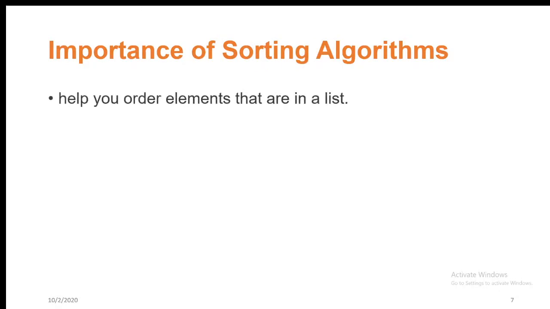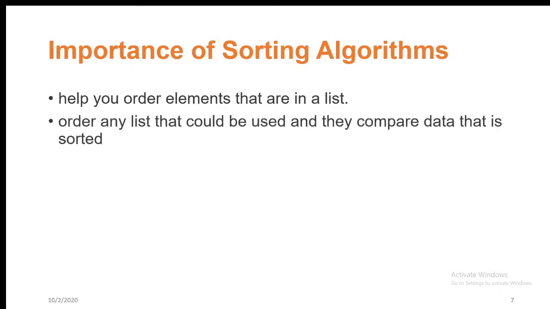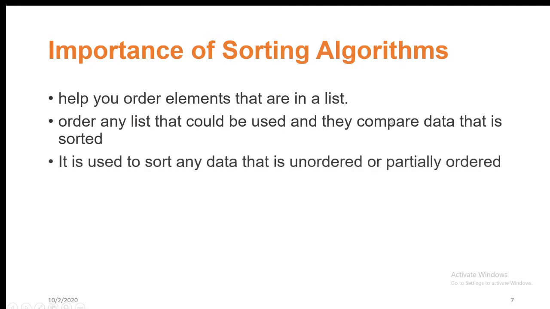Here is mentioned some importance of sorting: it helps you order element data in a list, order any list that could be used, and compare data that is sorted. It is used to sort any data that is unordered or partially ordered. So with the help of sorting techniques you can sort any type of data. If it is already sorted, then you can check it.